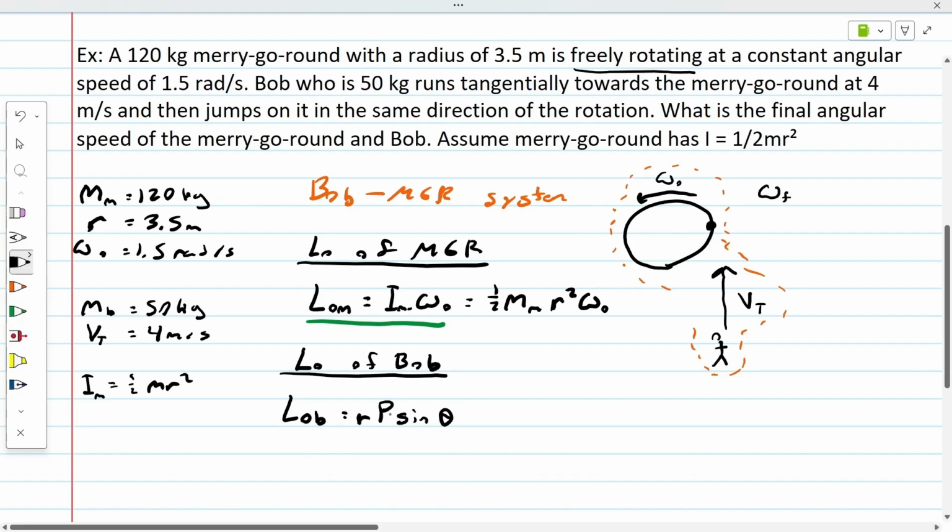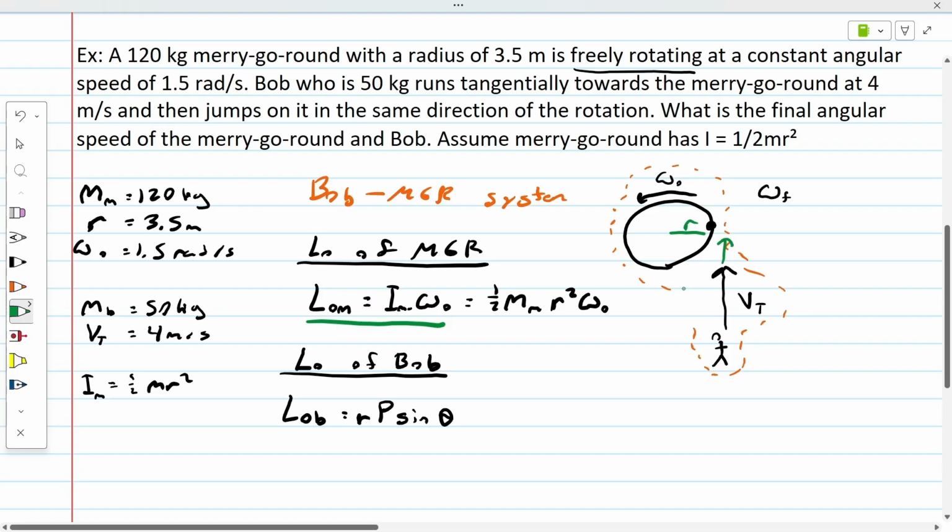We learned about how we can relate angular momentum in two different ways in the last video, but we can now relate it to its linear momentum. And we know the sine of theta is going to be 1 because we were told he's running tangentially to this merry-go-round, so his velocity is perpendicular to the radius.